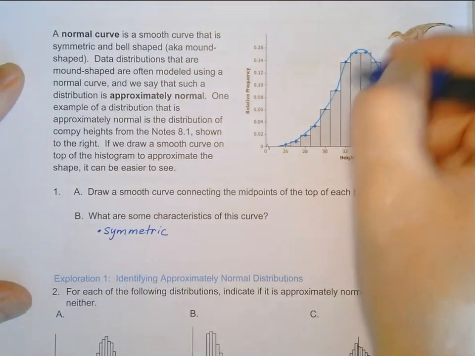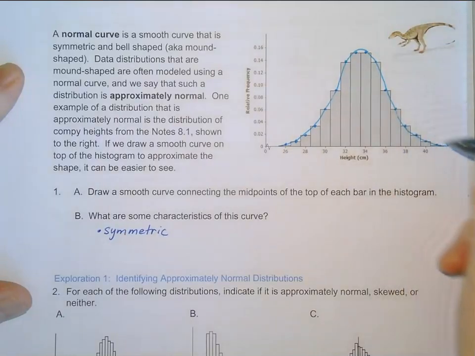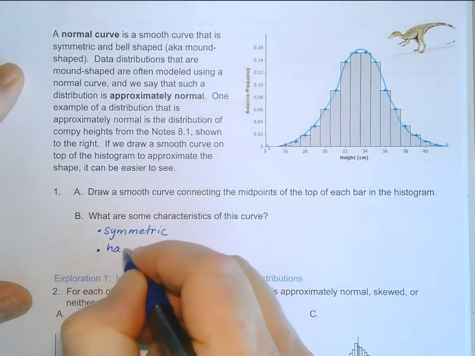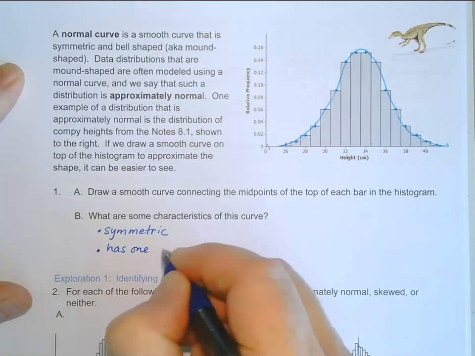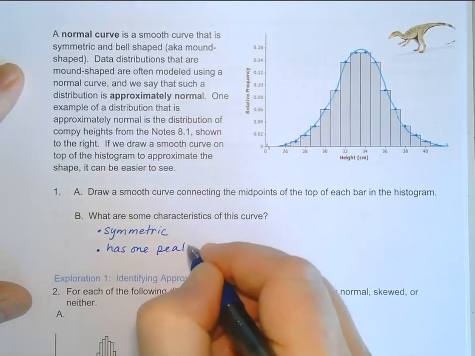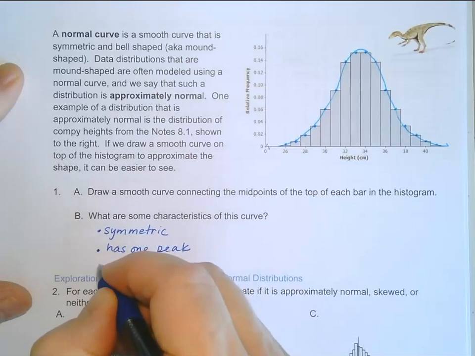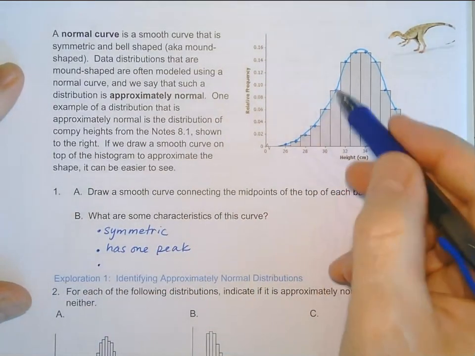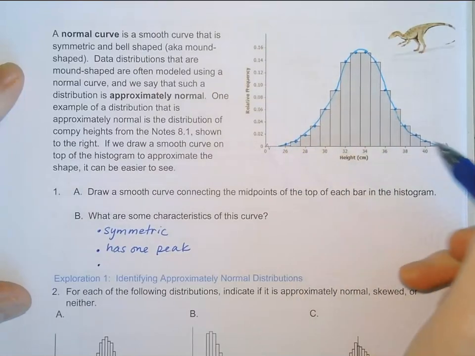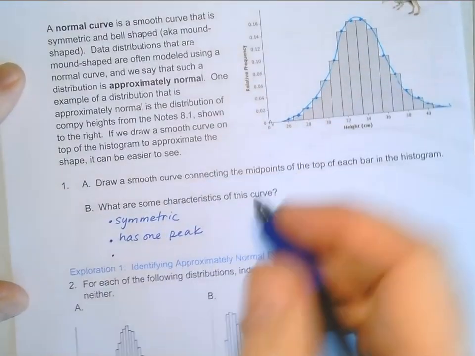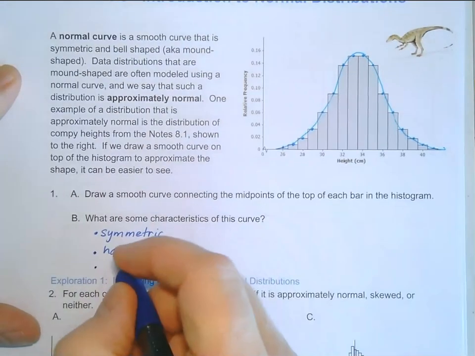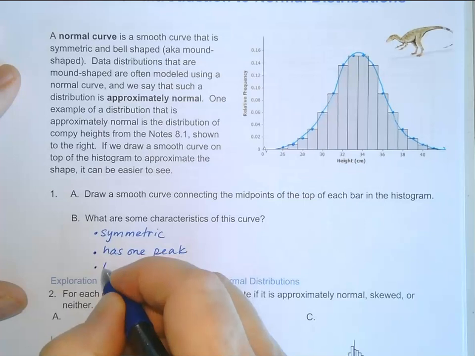So it has the one peak. It comes up to the peak and then comes back down. And then the last one, you can see that it tapers at the edges, meaning that it just gets less and less and less. Has this steep fall, and then it tapers at the edges.